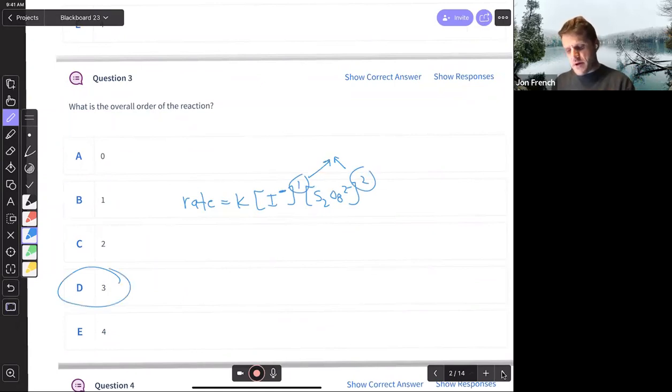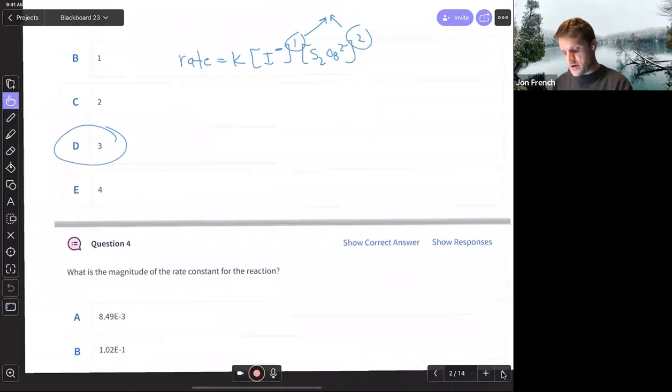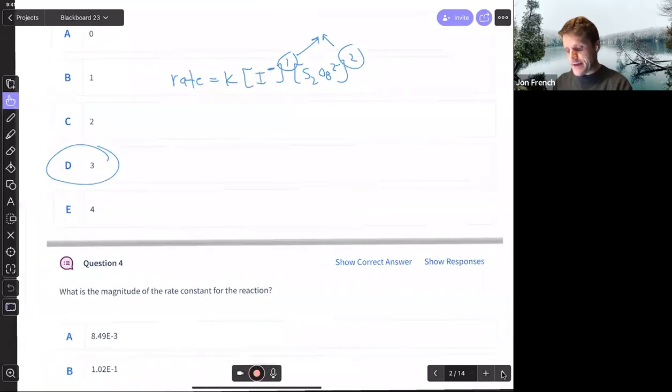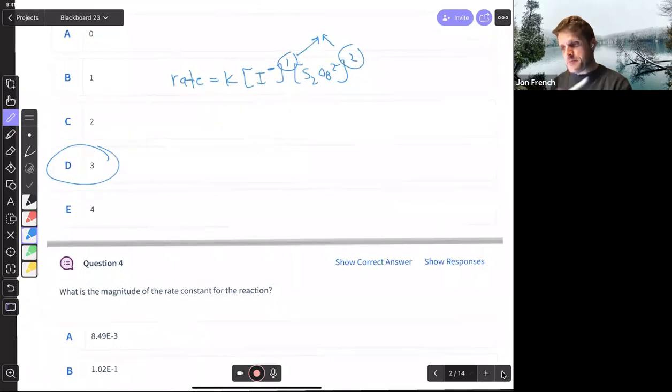Now for question 4, question 4 tripped up a few people. All that question 4 is asking is, what is the magnitude of the rate constant for this reaction? To answer question 4, we just go to the rate law and pick one experiment. I'm going to pick experiment 1. In experiment 1, I have a rate of 5.16 times 10 to the minus 4 molar per second.